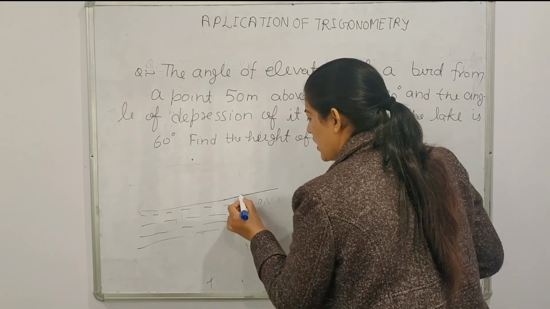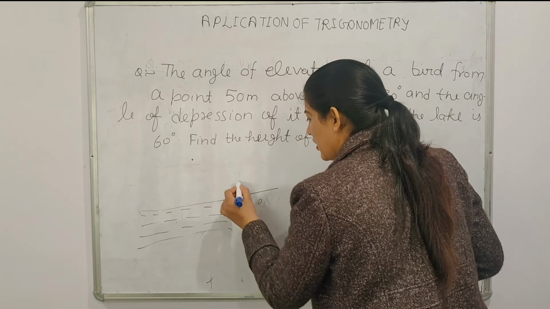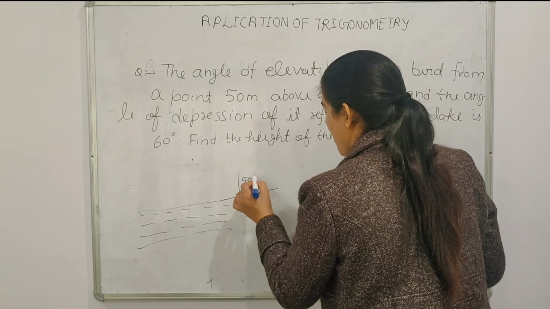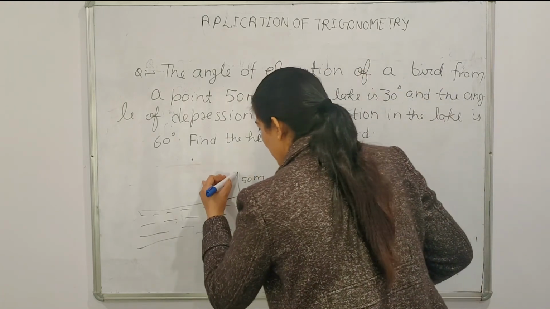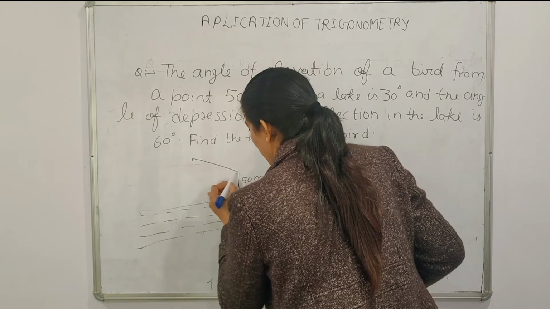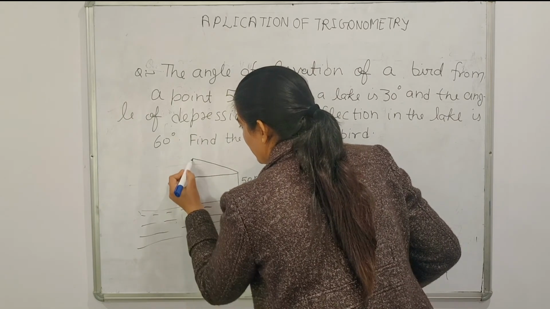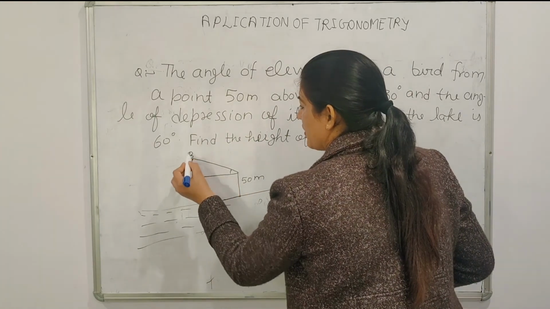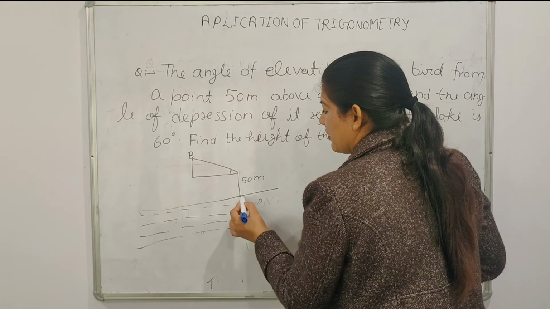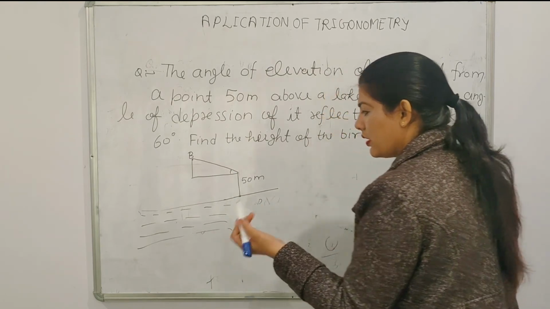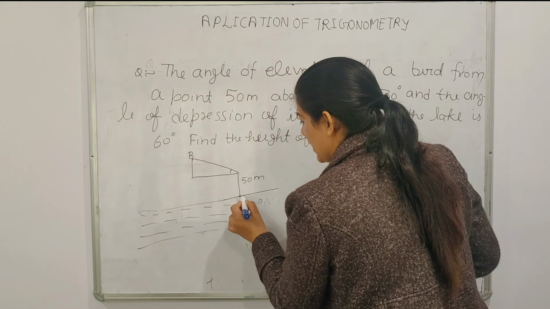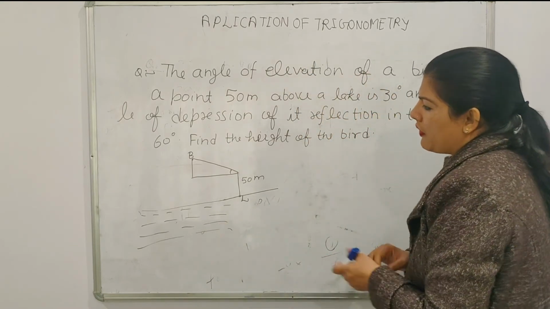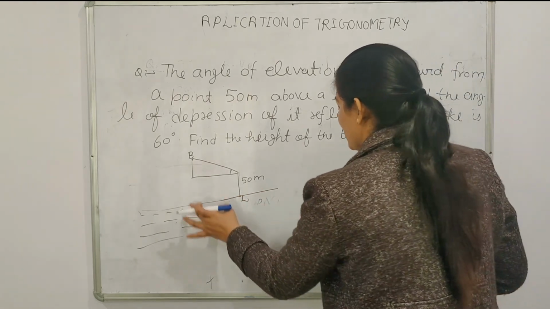So suppose that person is here and he is standing at a height of 50 meter from here, and he makes the angle of elevation to the bird which is 30 degrees. So suppose the bird is denoted by B and the point of contact of the lake, or you can say ground, is L, because that lies inside the lake.